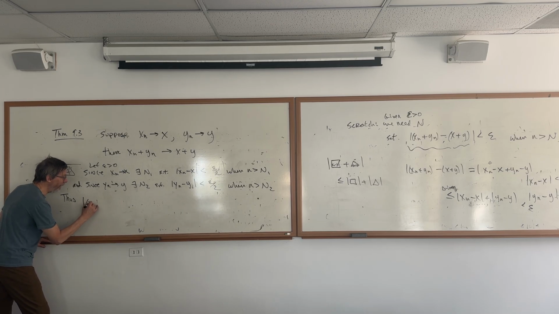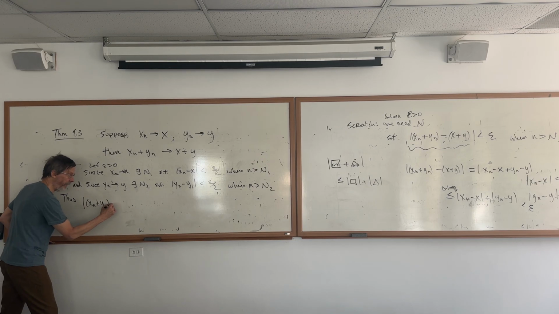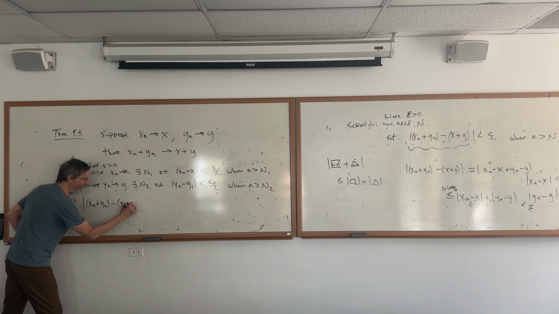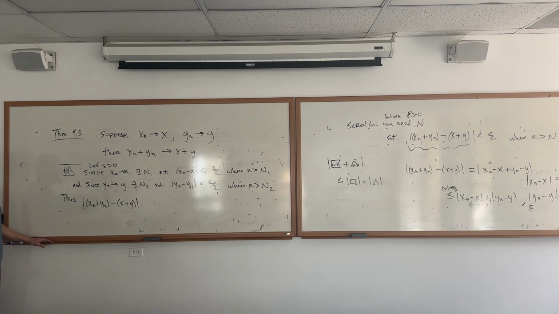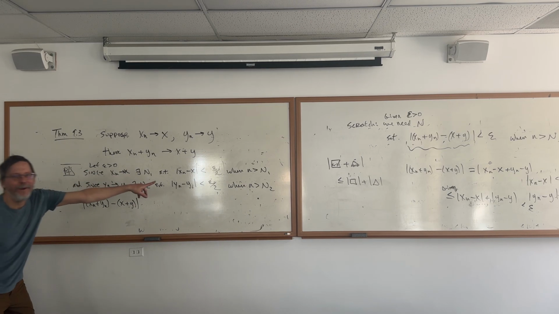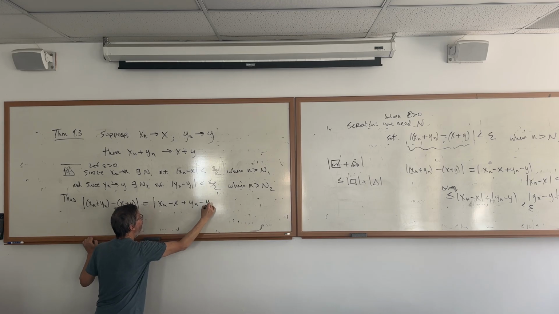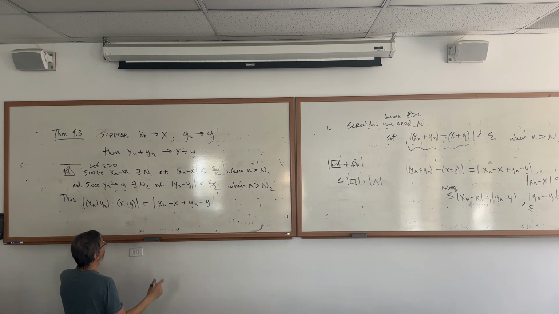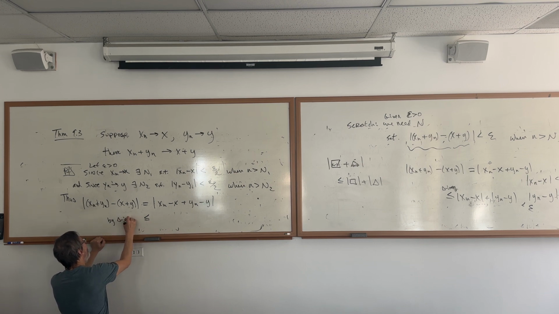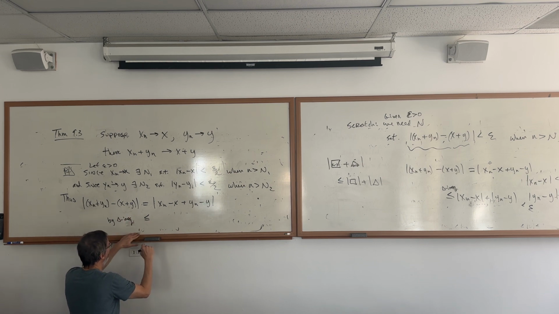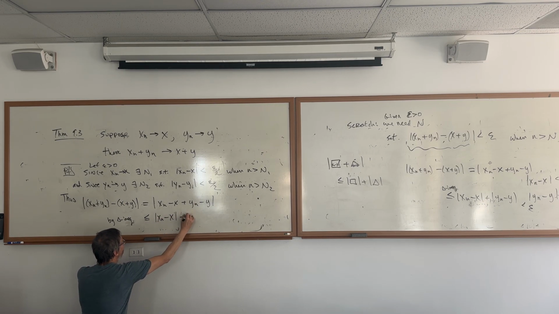Absolute value of x sub n plus y sub n, in parentheses, minus x plus y, like that. I'm going to show my little trick. This is equal to the absolute value of x sub n minus x plus y sub n minus y. That is less than or equal to, by the triangle inequality, which I mentioned being a super important thing, the sum of these two things.